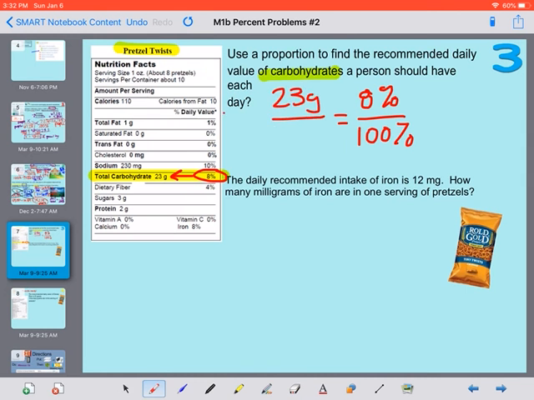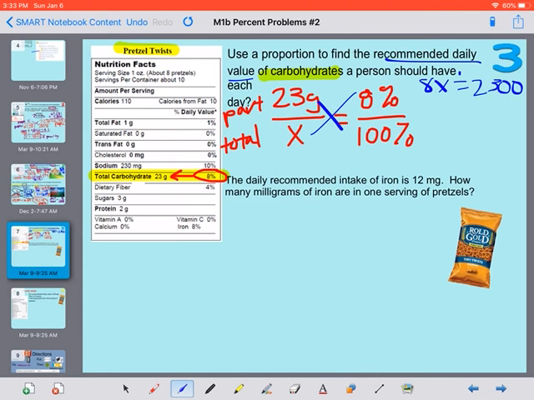So we want to figure out, that's the part that we get from the pretzels. We want to know what's the total amount of grams of carbohydrates that we should be eating to meet our daily goal, daily value. So just cross multiply. 8 times x is 8x. 23 times 100 is 2,300. We just added our 0 on there.